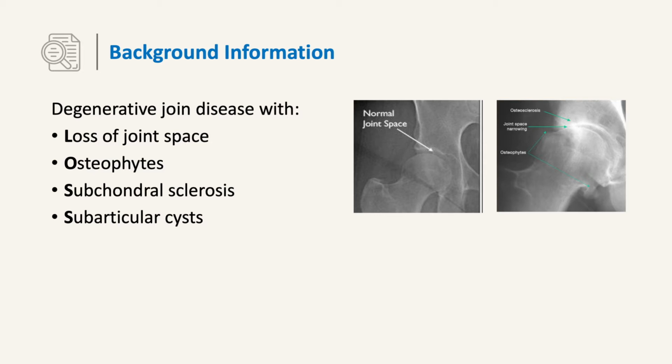This is the earliest feature of osteoarthritis, and the remaining features are a result of complete loss of cartilage in some parts of the joint, leading to irritation of the underlying bone. As a result, you get hardening of the underlying bone, causing the appearances of subchondral sclerosis and subsequently the formation of subchondral cysts.